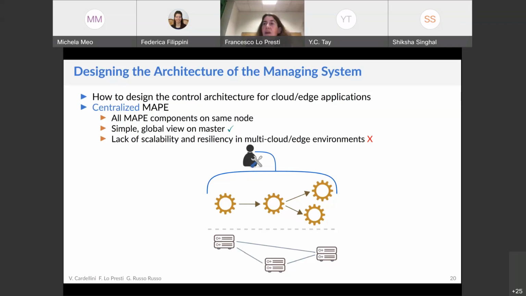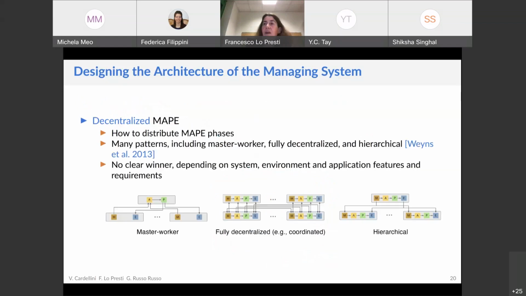So we can consider how to decentralize the architecture of our controller, of our managing system, and we can use different patterns, and you can find a nice survey regarding the different patterns you can use in this book chapter.